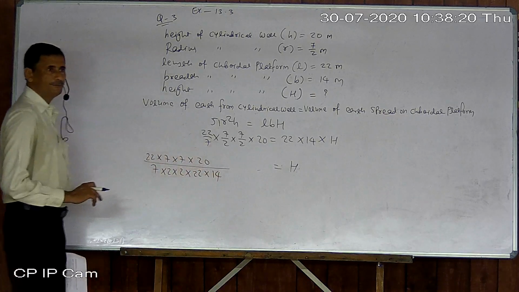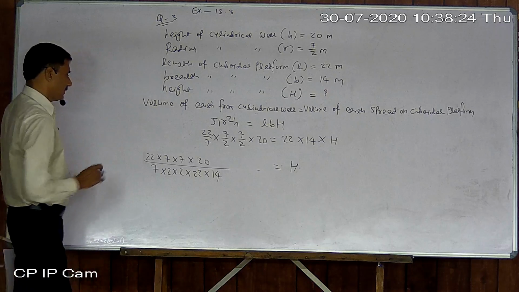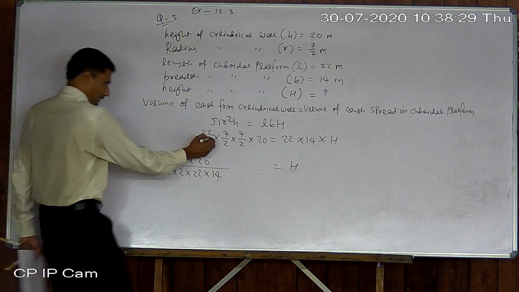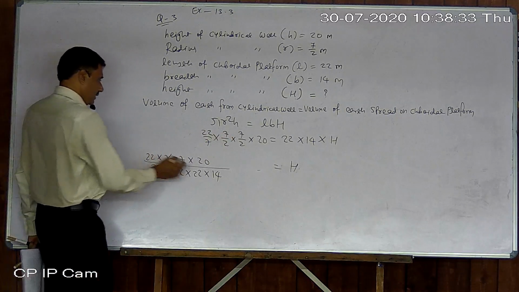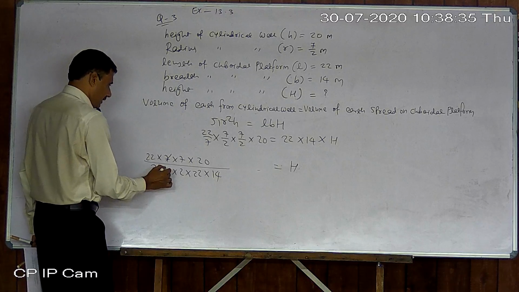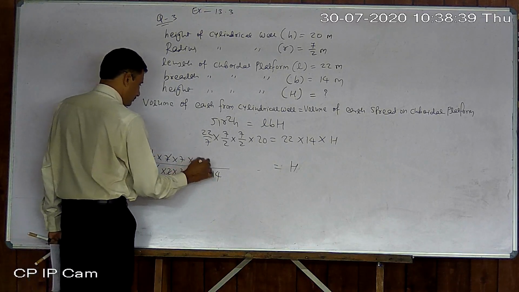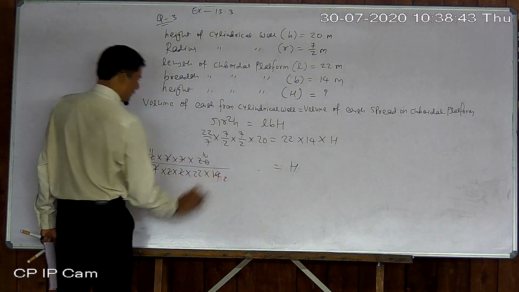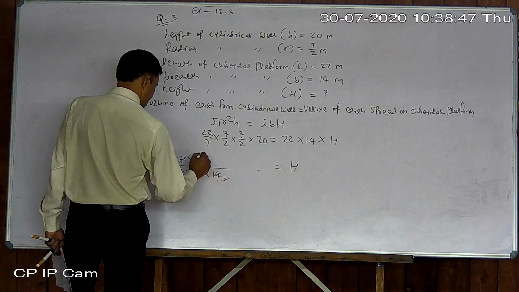You understand? That comes from numerator to denominator. Now try if anything is divisible. You can cancel 7 at this step also. 2 into 11 and 2 into 10, 7 twos are 14. 2 fives are 10.